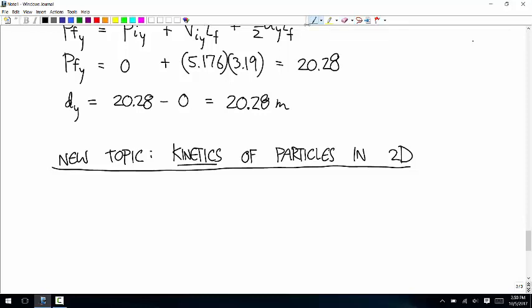The distinction we're making is between kinematics and kinetics. Who remembers what kinematics means? That's right. Kinematics is a description of the motion that doesn't deal with the causes.